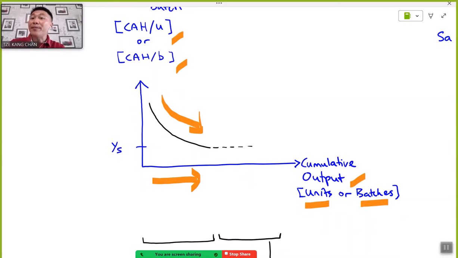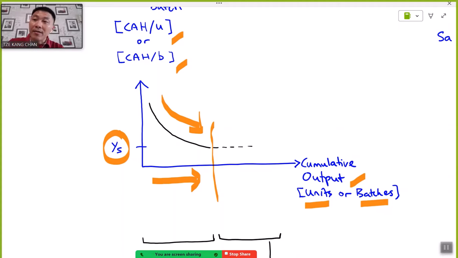However, this improvement in speed and efficiency will end and stabilize at a reading called YS. That is where the learning effect has stopped appearing and a steady state of efficiency has come into place.